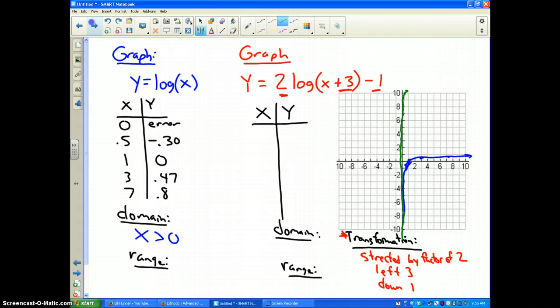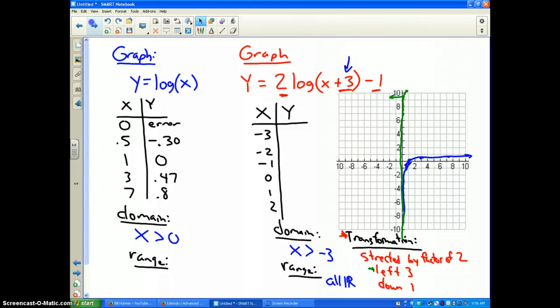The most important thing is this left 3, because what that's going to do is move our vertical asymptote left 3 spots. So our domain is going to be all numbers greater than negative 3, because of that number right there. So I've got to pick all numbers greater than negative 3. I'm actually going to start with negative 3, and let's go negative 2, negative 1, 0, 1, 2, and let's see what happens. The range, hopefully, will be all real numbers, just like it always is for the log function. Same over here. I forgot to write that one in over here.